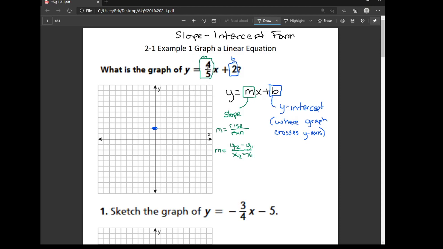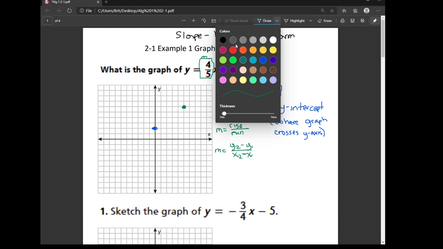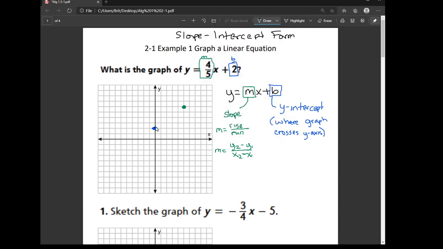So I am going to rise by 4 and run by 5. So from this point, I go up by 4, and then I go to the side by 5. And that puts my second point here. And then your last step is just to draw the line.